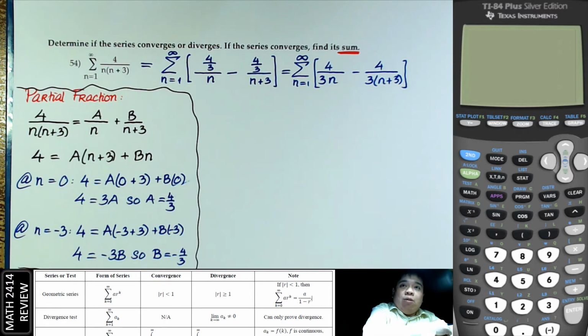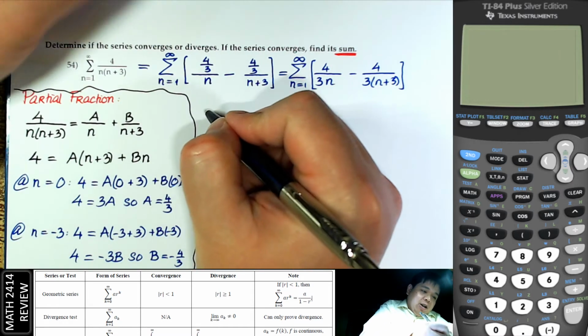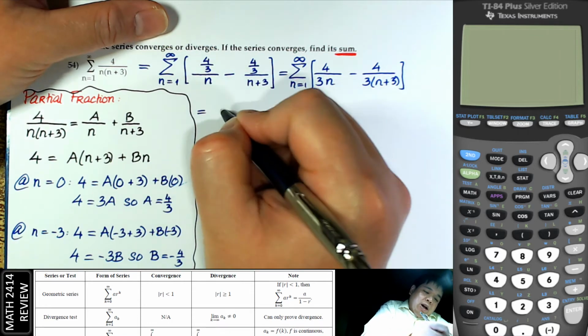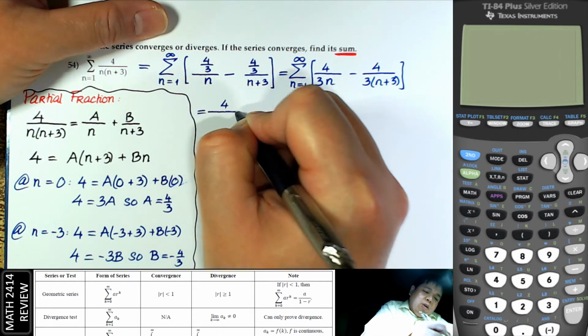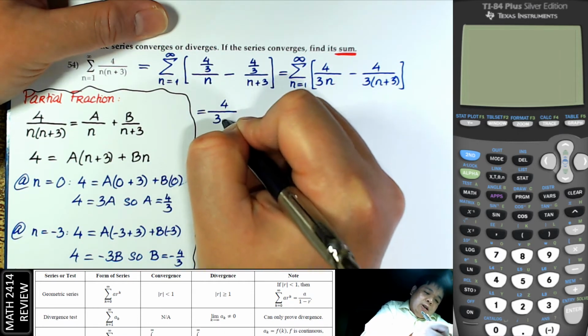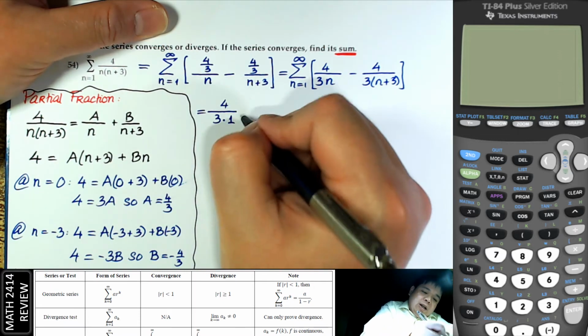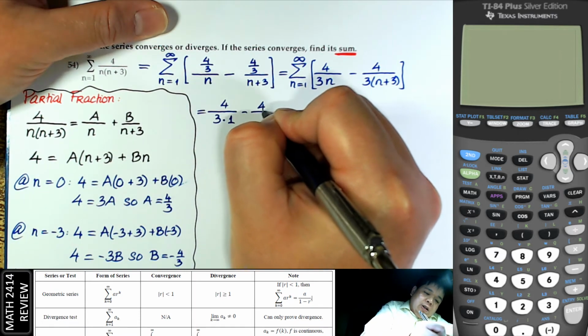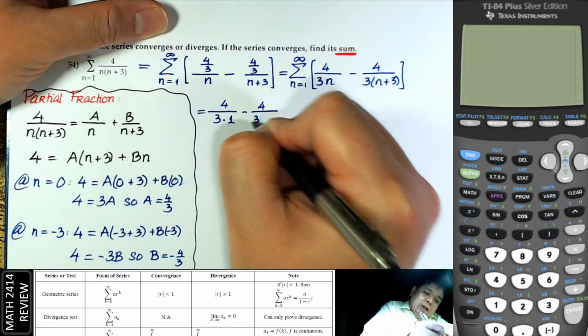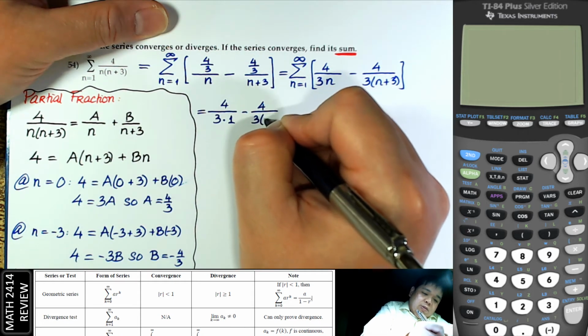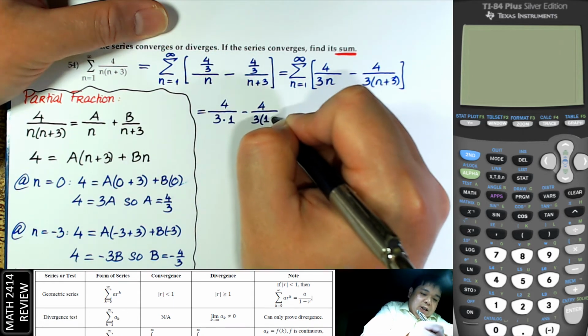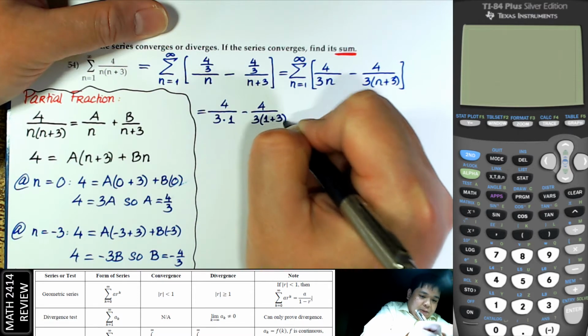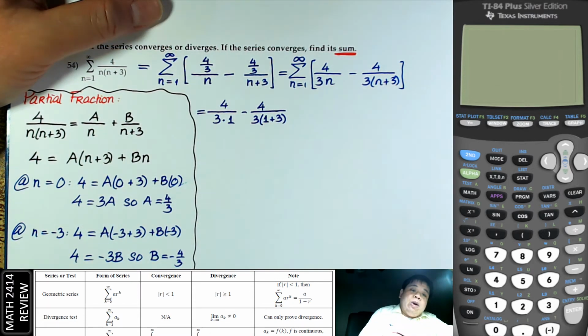Now let's write out the sum. Going from 1, if we put 1 in, we have 4 over 3 times 1, just don't multiply it out, and then minus 4 over 3 times 1 plus 3. So that is when n is equal to 1.